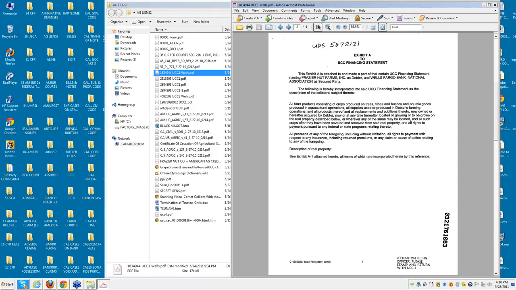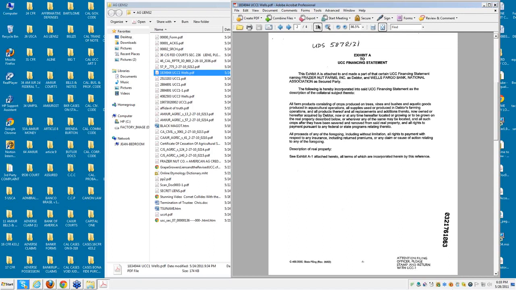A lot of times the box is too small on the UCC1 to put everything on. So you've got to put some of it on an attachment. That's what this is. This is an attachment or an addendum that attaches to your UCC1, and you can list stuff on here.